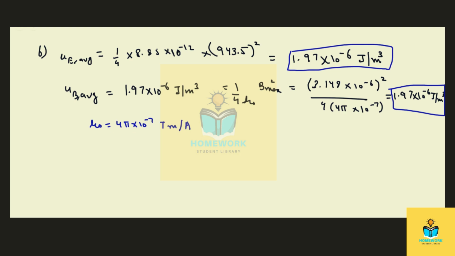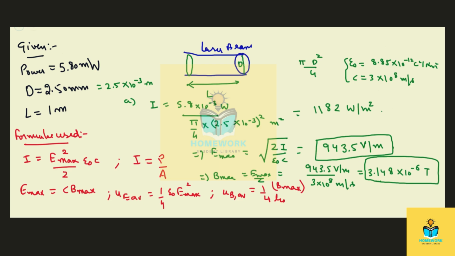Now going to the C part. So we need to find out the energy contained within this length. So the whole volume of this is a cylinder.